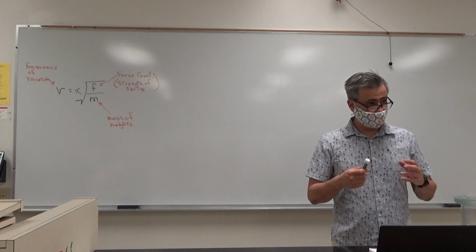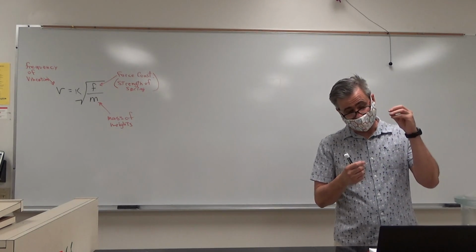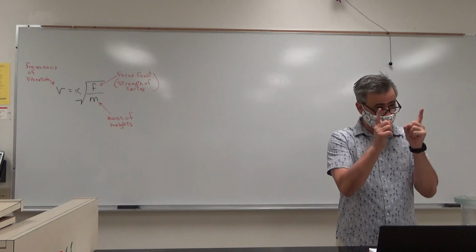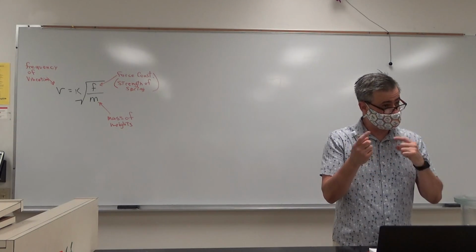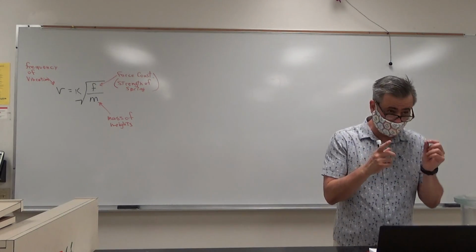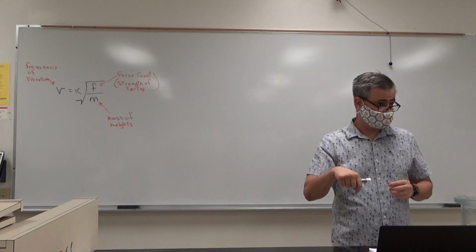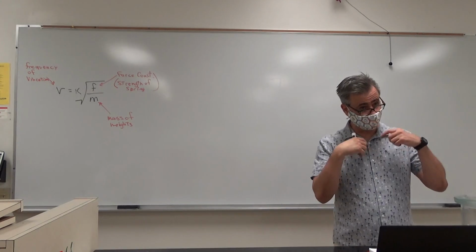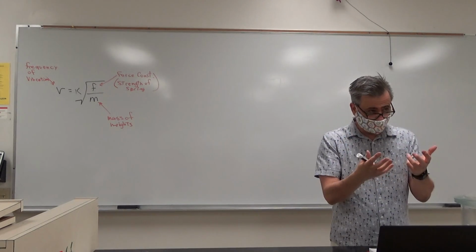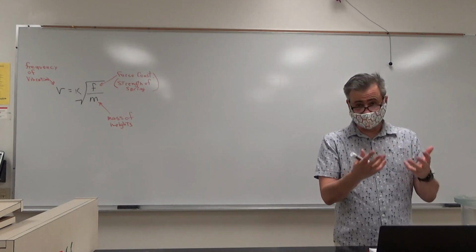However, remember that energy of vibration and wavelength are inversely related. As the wavelength gets smaller, the energy gets higher, or as it gets bigger, the energy gets lower. They wanted to base it off wavelengths, but they wanted it to be directly related.